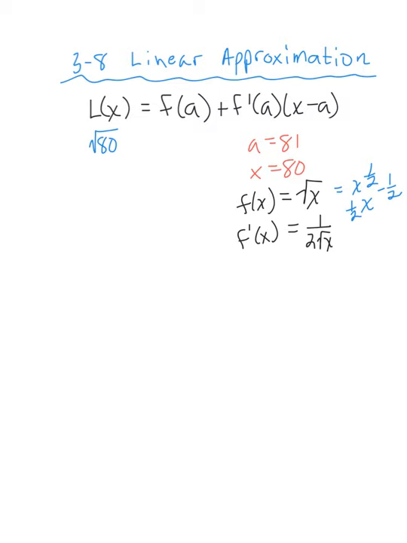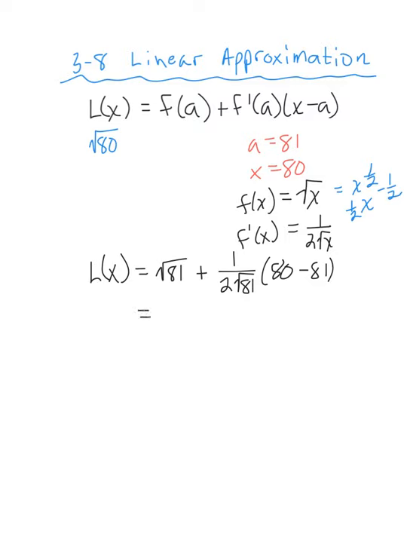So then let's go ahead and write out all the values that we have. Our linear approximation is equal to f of a, well, our function is the square root, our a is 81, plus our derivative, 1 over 2, square root of a, so square root of 81, and then times our x, which is 80, minus our a, which is 81.